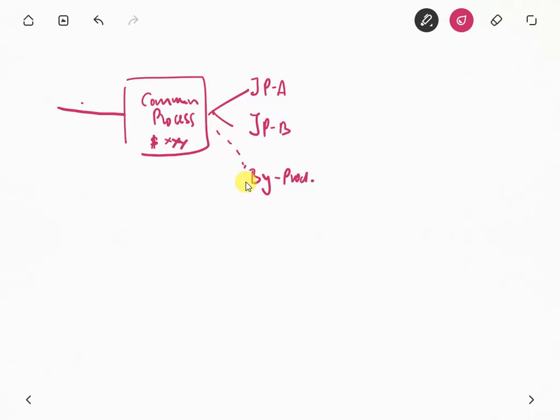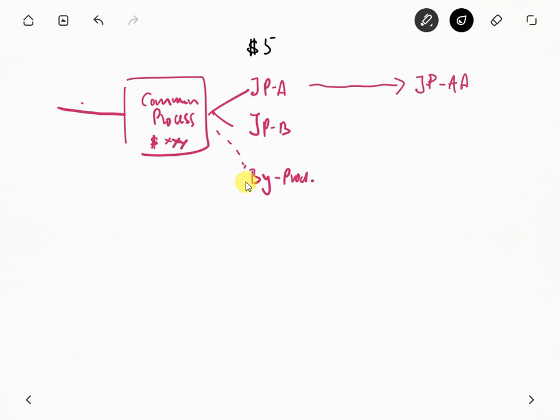Now, if you further process JP1, JPA meaning joint product A, the final product is joint product AA. The selling price is $5 at the moment.